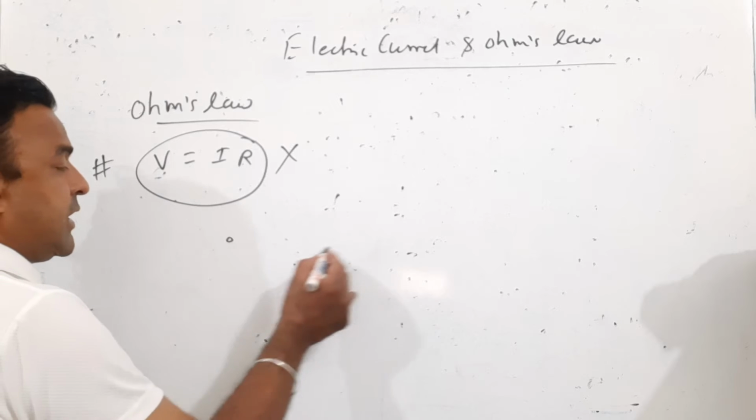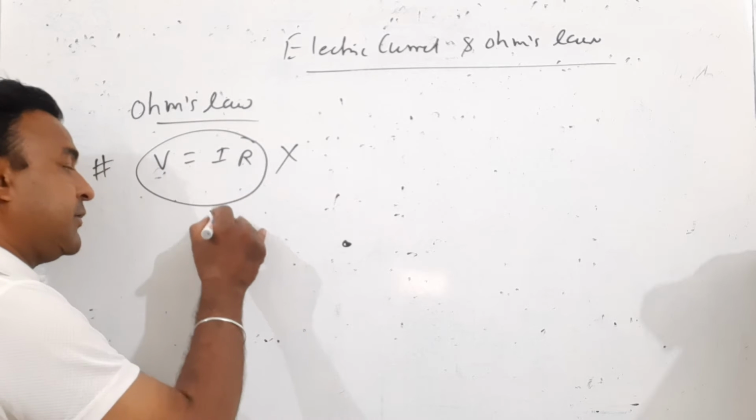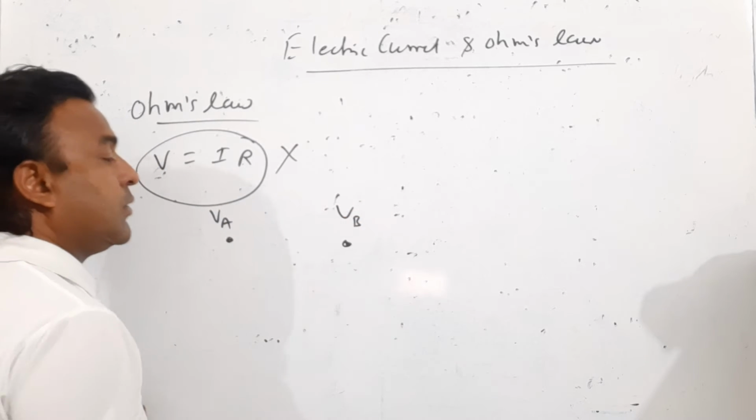As for electrostatic potential, we defined it from VA to VB.